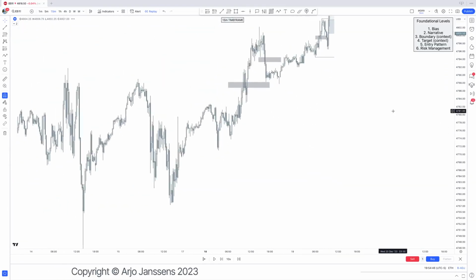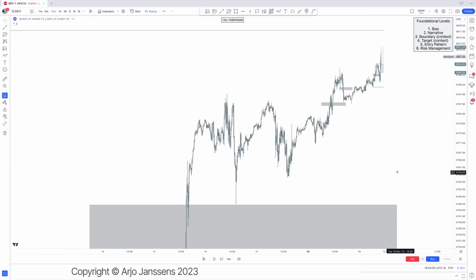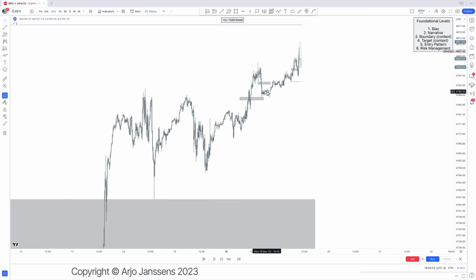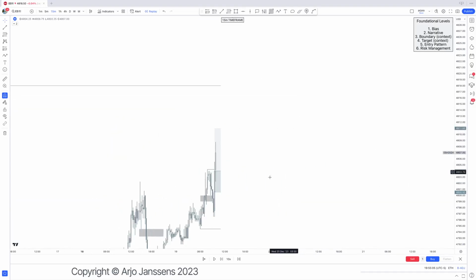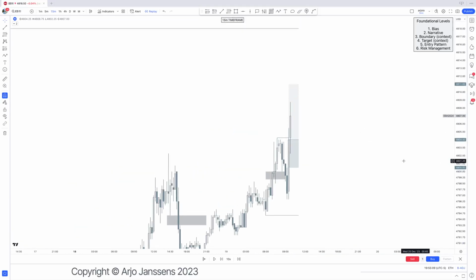Perfect, yes, we can potentially do that. But the fair value gaps right there are just not pointing towards that daily fair value gap right now. So why would we force a trade into that daily fair value gap if the lower time frame price action is simply telling us that we want to continue higher right now? So eventually this trade plays out right there.